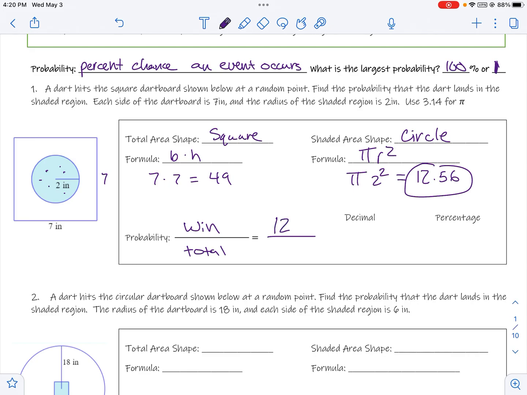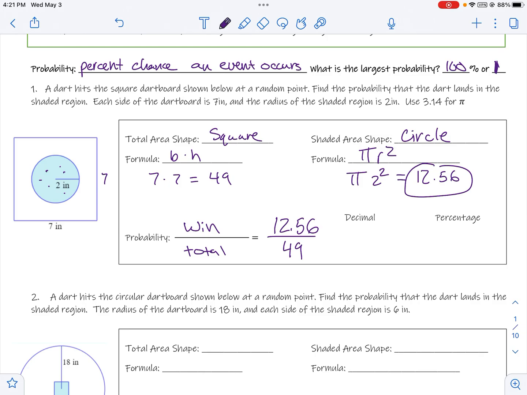So 12.56 would be considered a win. And then total would be the outside shape, basically. So that would be 49. The area of that square was 49. Once I divide that, I will get 0.2563, something like that.